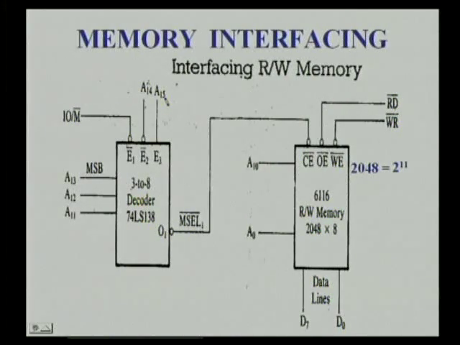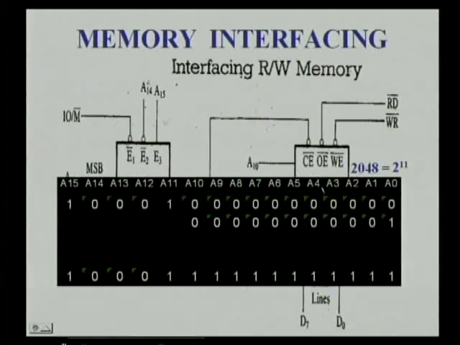Here in this case A15 is 1, A14 must be 0, and for selecting the O1 output, A13 should be 0, A12 should be 0, and A11 should be 1, so that this particular output line will be enabled, and this memory chip's CE bar goes low, so the chip will be enabled.